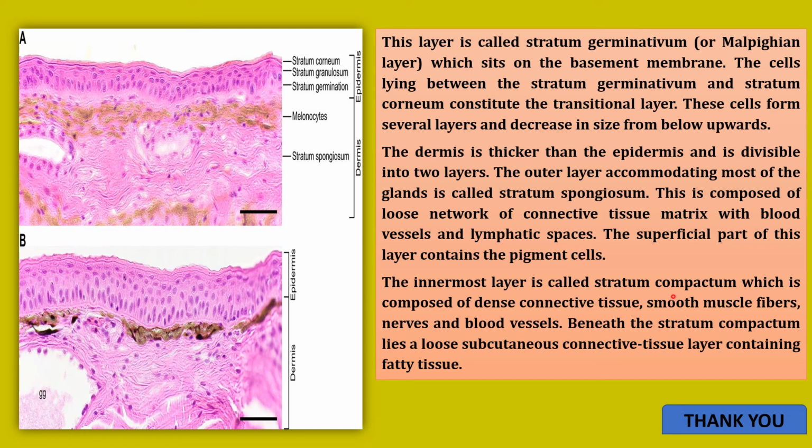Stratum compactum, on the other hand, consists of dense connective tissue, smooth muscle fibers, nerves and blood vessels, but no lymphatic spaces are present here. And beneath the stratum compactum, or beneath dermis, there is another subcutaneous connective tissue layer containing fatty tissue. Hope you have understood the structure of skin.